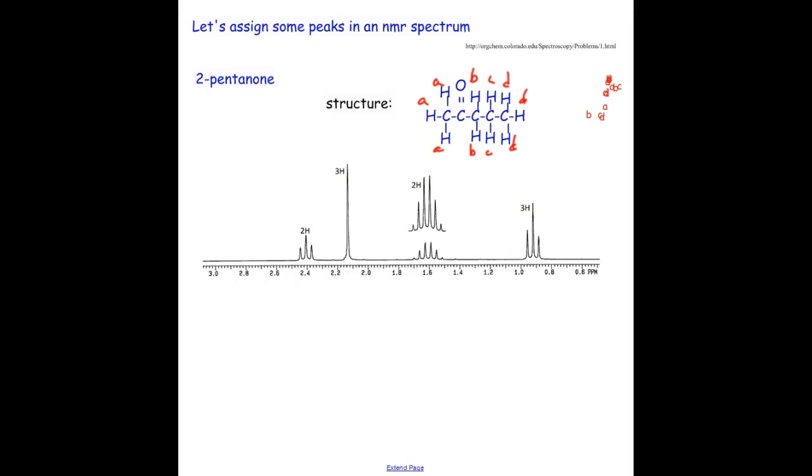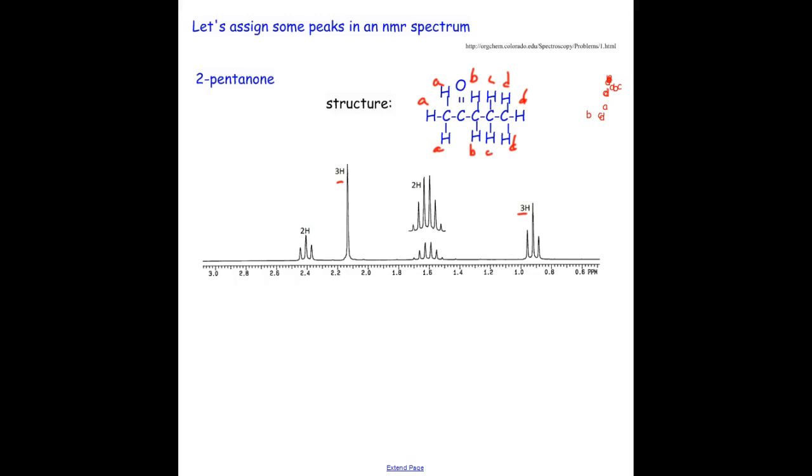Well, first I'm going to start with my 3 hydrogens. One of them is split and one of them isn't. One of them is close to 0.9 and one isn't.